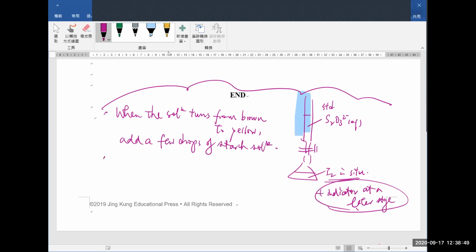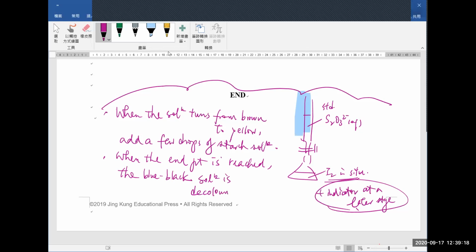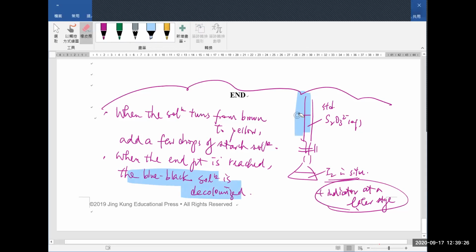Then you are going to tell the endpoint by checking for the decolorization of the blue-black solution. So that is more complicated.